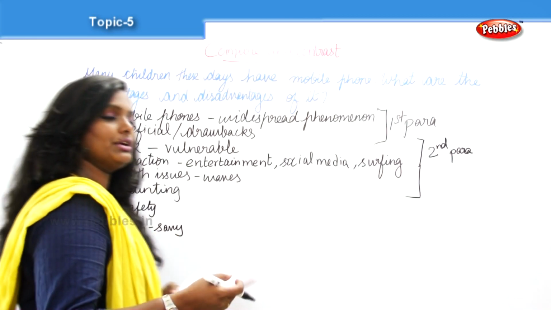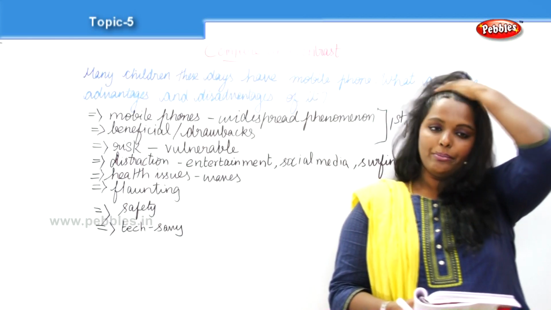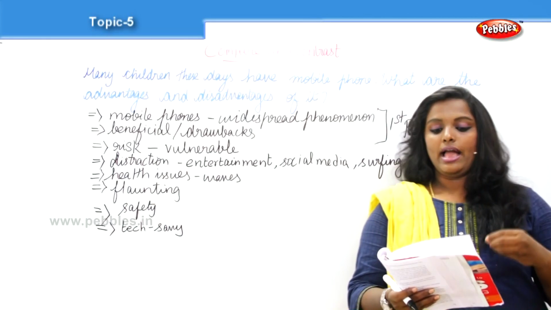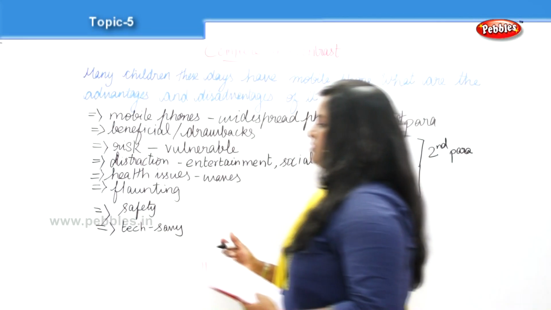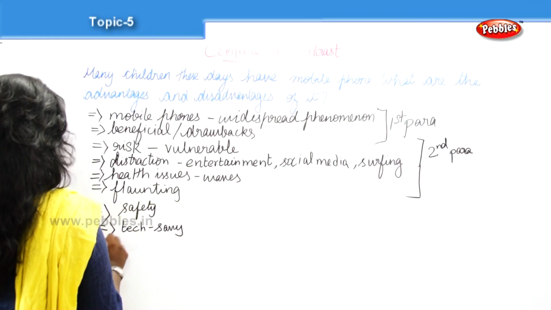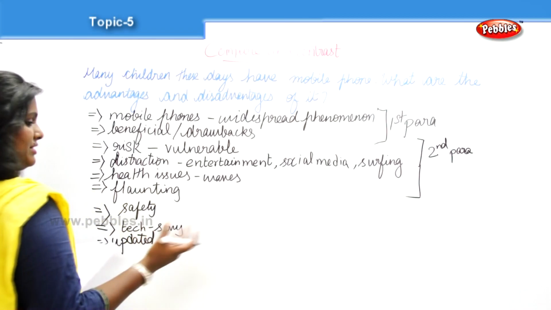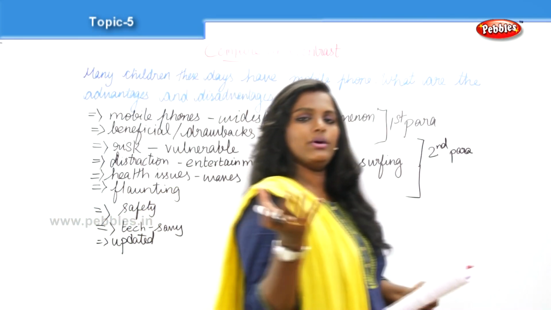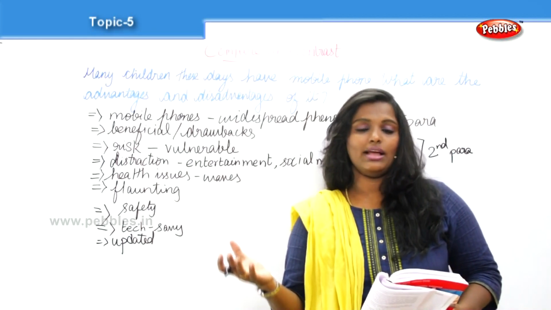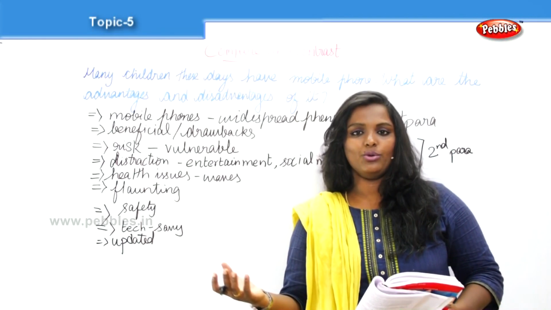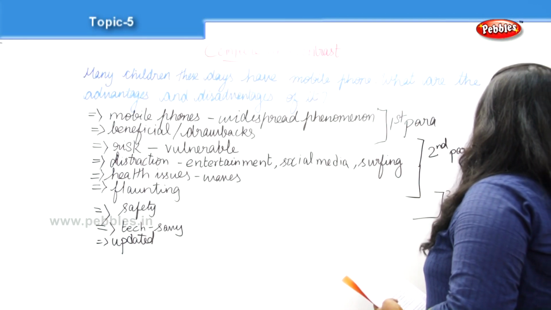They start using electronic gadgets from a very young age, and by the time they grow up into adults, they are more technologically updated. There is good information also. The entire world is in our hands. Anything that you would like to know in the universe, you have the cell phone always. So more informative. This comes in your third paragraph.